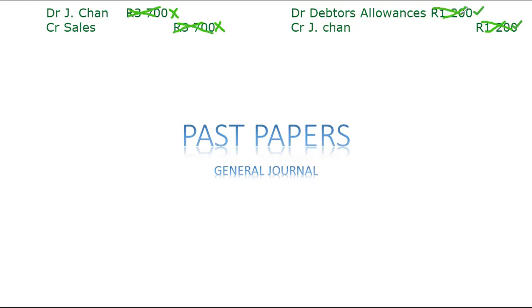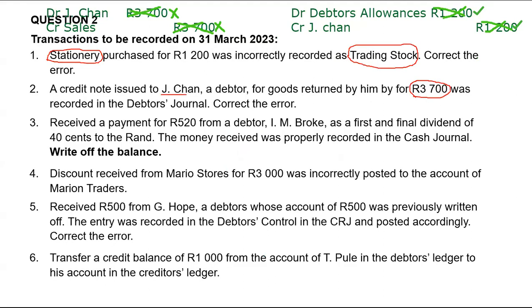So this is taking it back to zero. But we haven't corrected the error. We just reversed the error, but we haven't made the correct entry. How do I make the correct entry? Because they told you that these were goods returned. You have to make the correct entry.